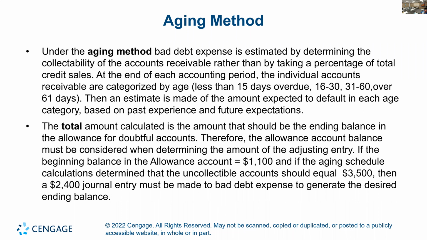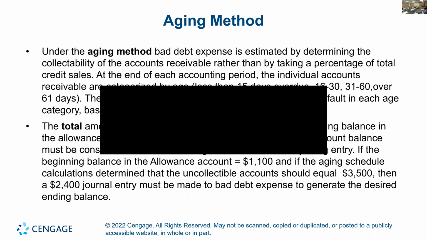For accounts that are 0 to 15 days old, we're going to collect probably 90% of that. If it was 16 to 30 days old, our chances of collecting go down, because they didn't pay within that discount period, maybe. So now we're taking it down a little bit.